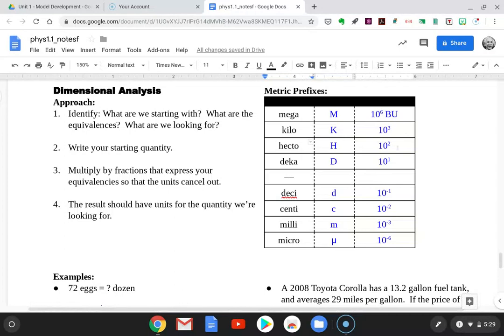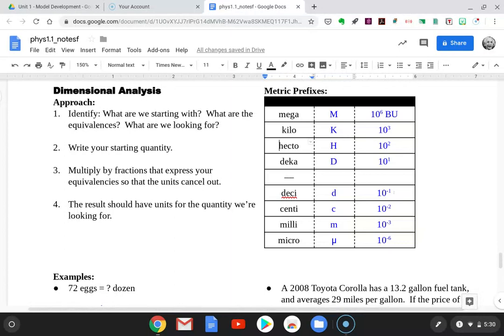Hecto is 10 to the 2nd of my base unit. Deca is 10 to the 1st of the base unit. Again, it's telling me that 1 decameter, for instance, is 10 to the 1st meters. Then here is where our base unit would be, whether that could be grams, meters, liters, amps, or any of my SI base units.